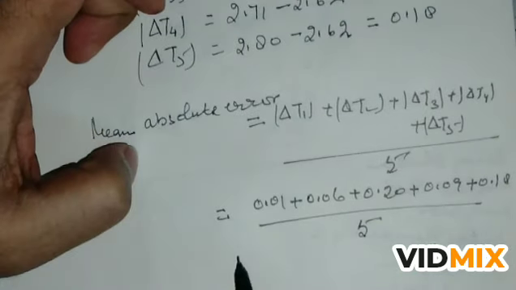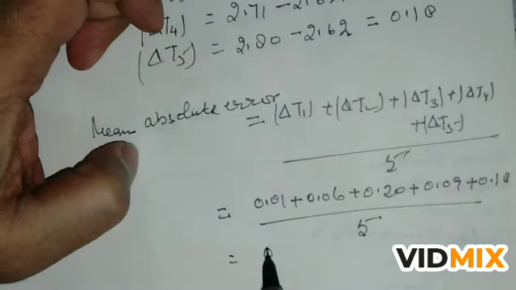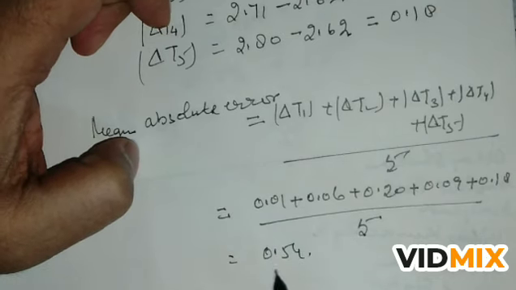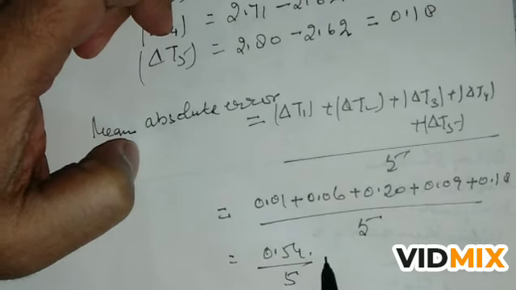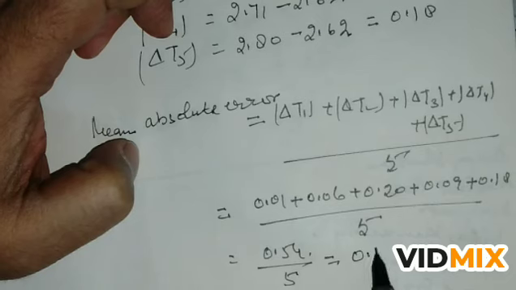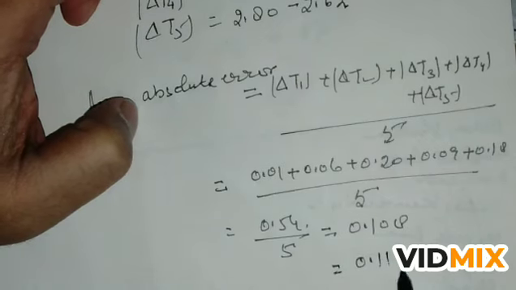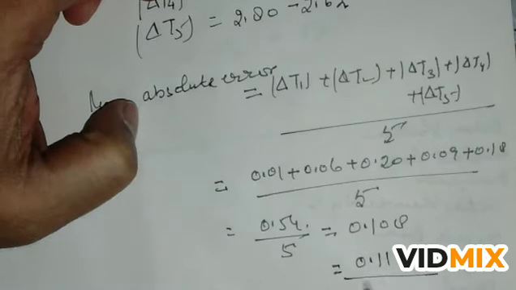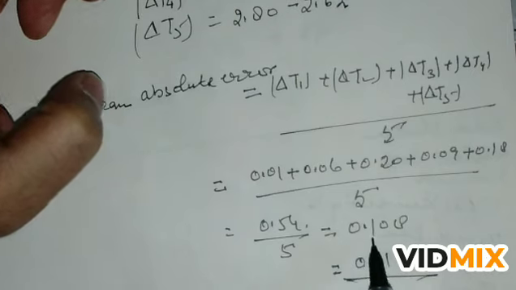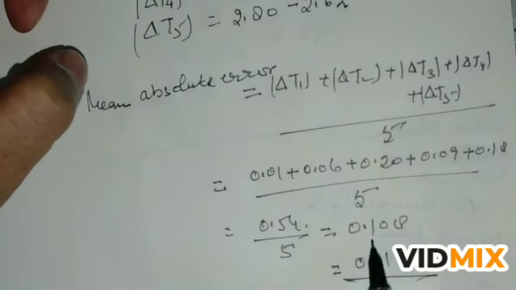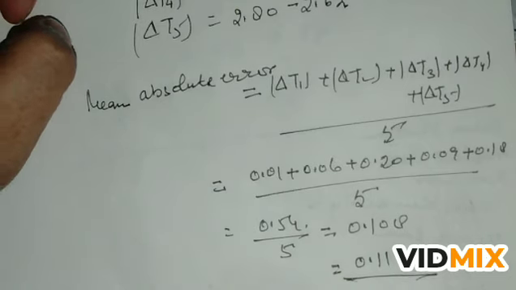You will get the value 0.54 divided by 5, and it is equal to 0.108 or 0.11 second. I round it off in the least significant figures, so 0.11 is the right answer.